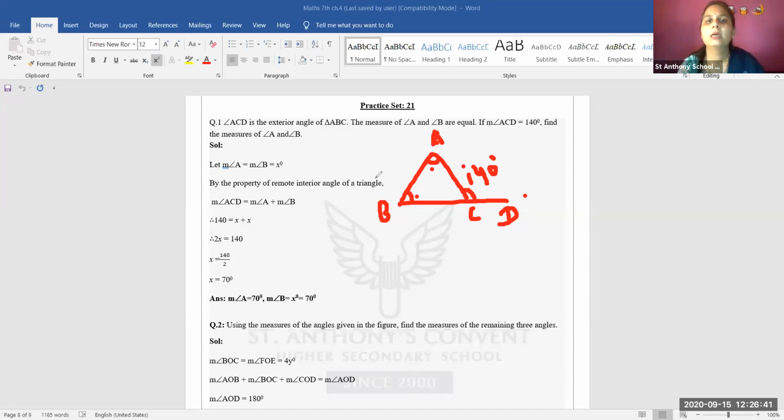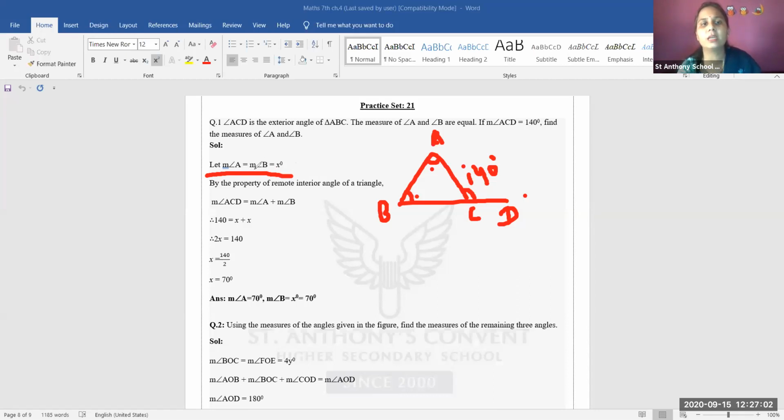Now let us consider measure of angle A is equal to measure of angle B, क्योंकि value equal दिया हुआ है. Let measure of angle A is equal to measure of angle B is equal to x degree. We don't know the value of angle A and angle B, so consider it as x.